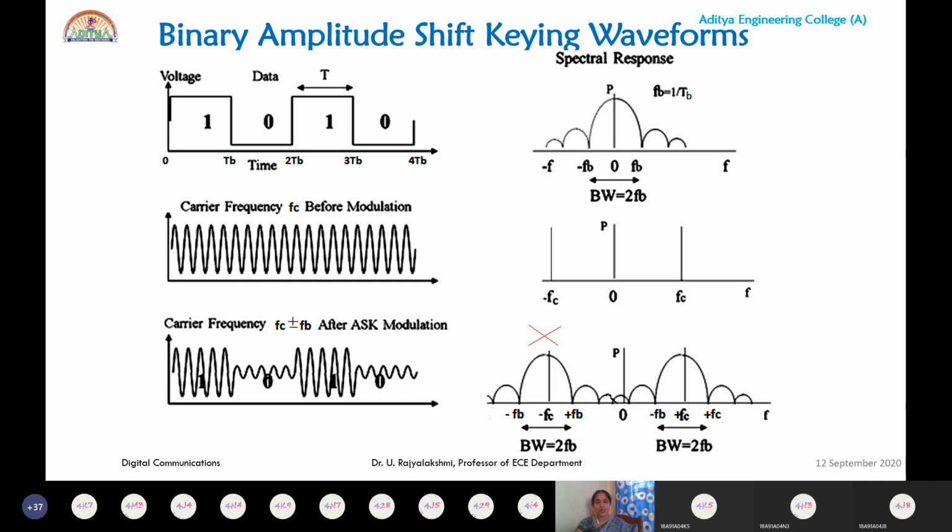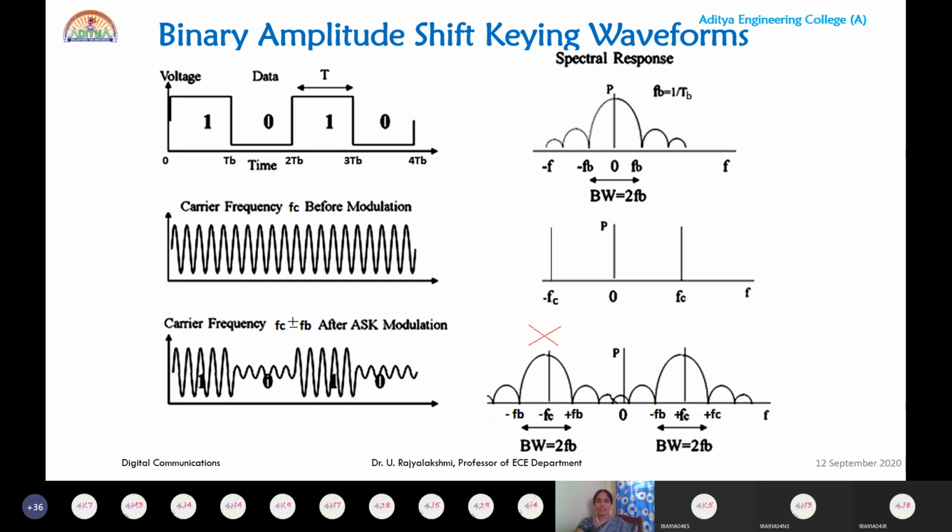Within that range you will have maximum magnitude, and beyond plus or minus F_B, you don't have any signal component. So what is the bandwidth of the digital signal? Plus or minus F_B. The same thing is reproduced here.